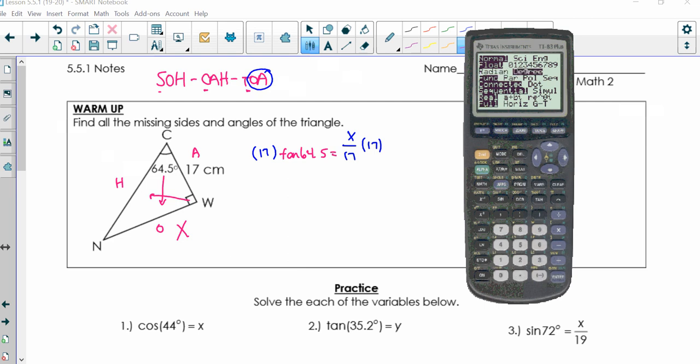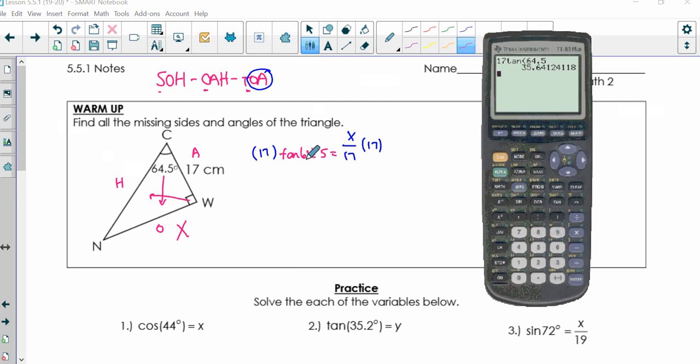You won't have to worry about radian mode until Math 3. Okay, so I'm going to type in 17 tangent of 64.5, and I can see that x is about 35.64. Okay, so that makes this side 35.64.